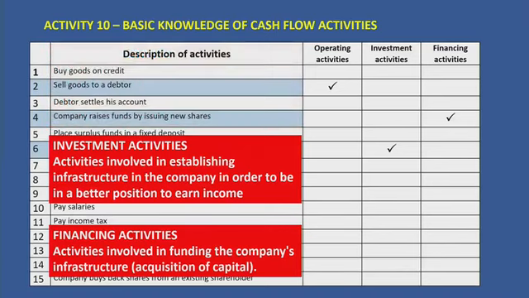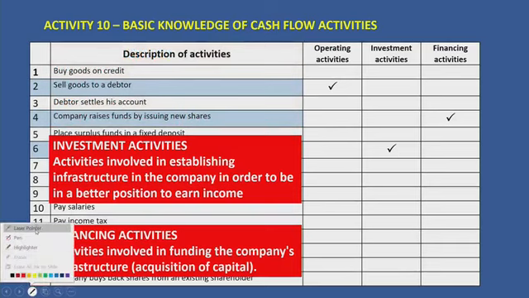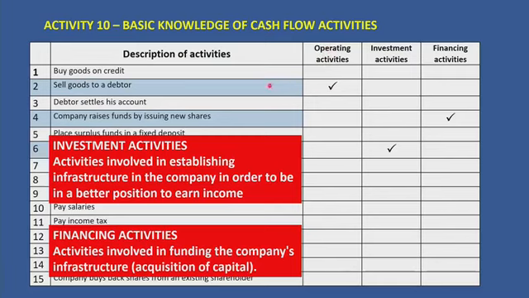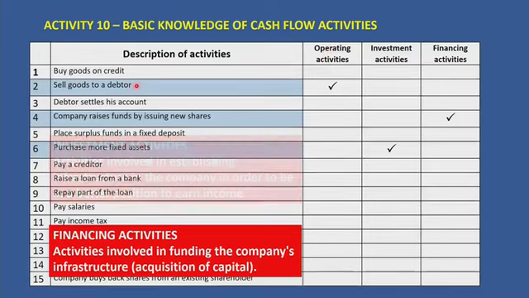And if you just look at the first one, I have to just get my laser pointer ready. If you look at this one, which is operating activities, like I explained, it will have to do with income, in this case, sales to a debtor. If you then look at the next one, purchase fixed assets, you have to now know we are talking about investment activities.